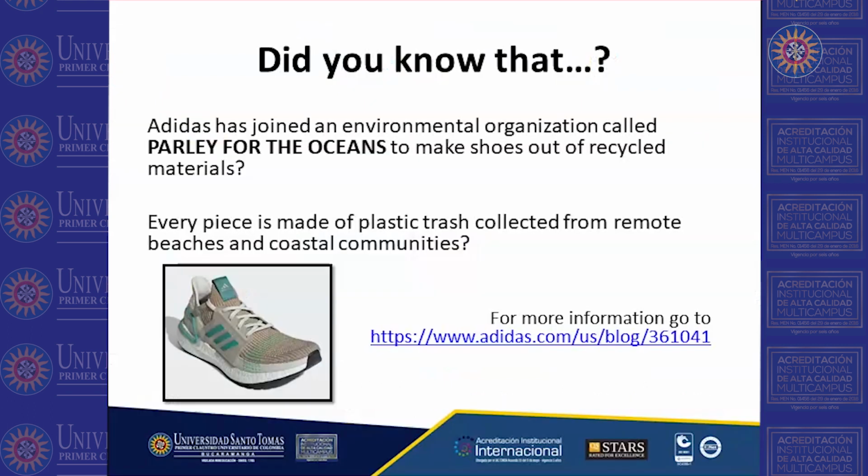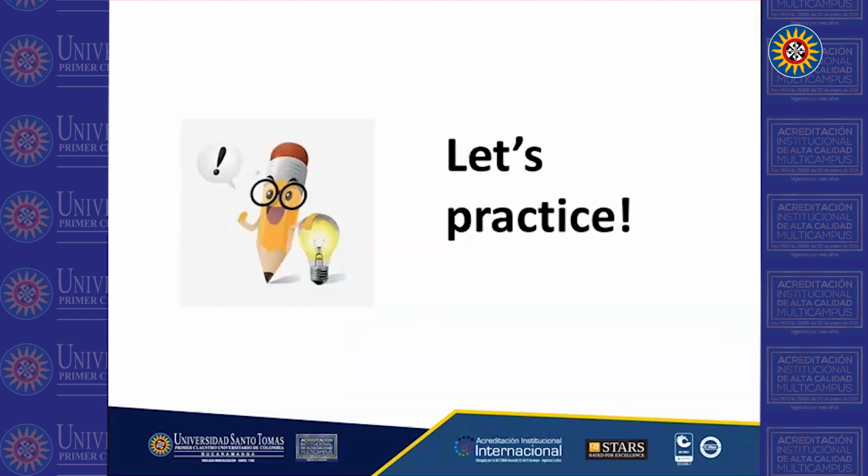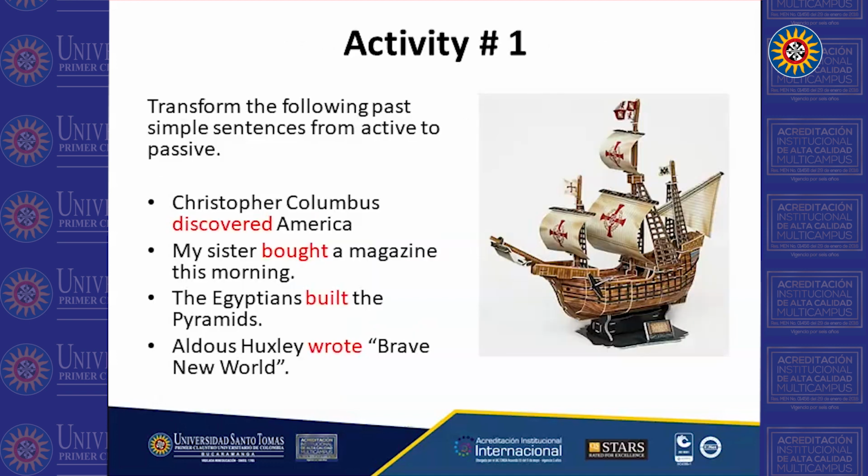Okay, let me go back to the presentation, since now we have learned a little bit about what Adidas does. Now let's practice our passive voice. Here I'm giving you 4 different sentences in active form. I want you to think about how you would change them into passive. Like: Christopher Columbus discovered America.